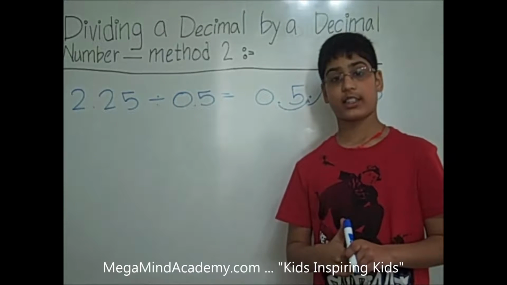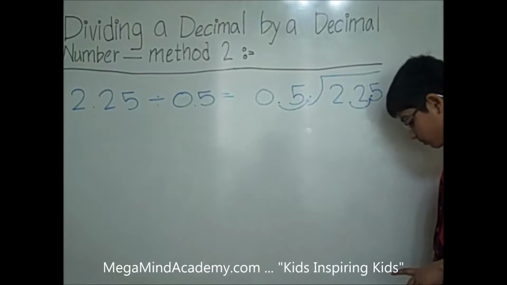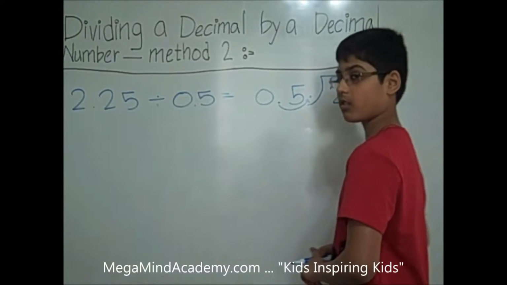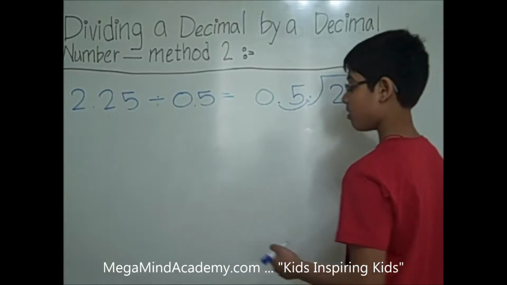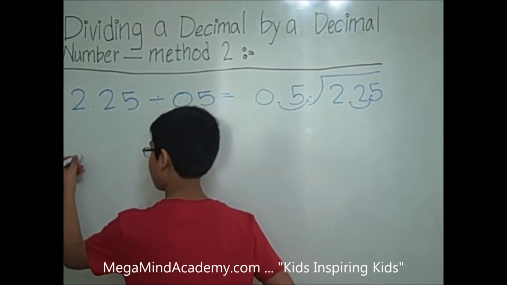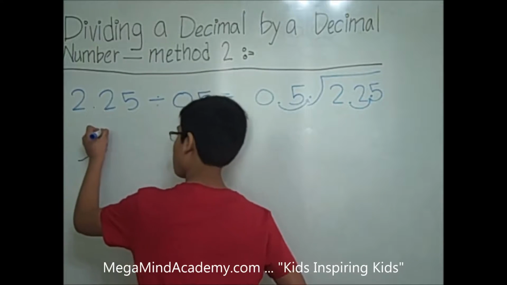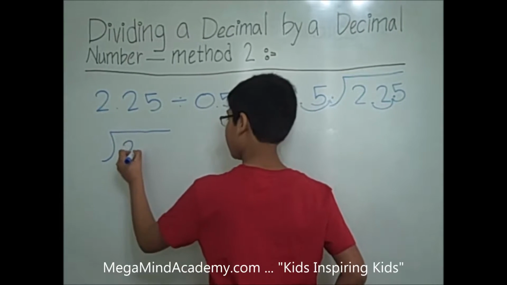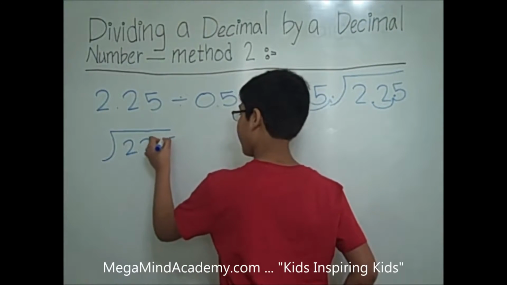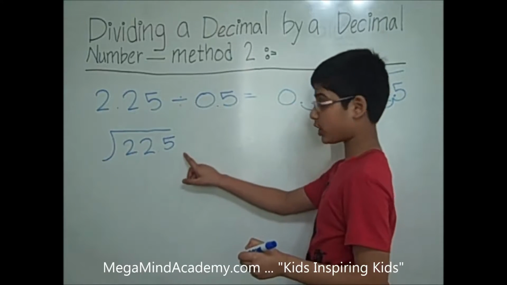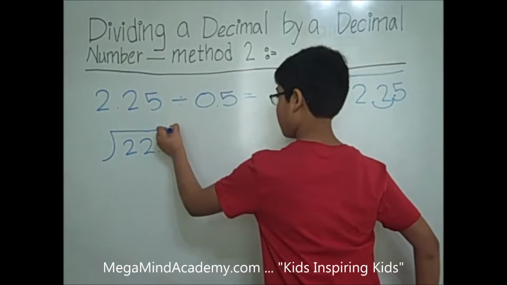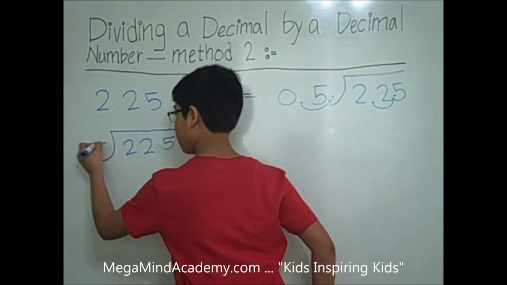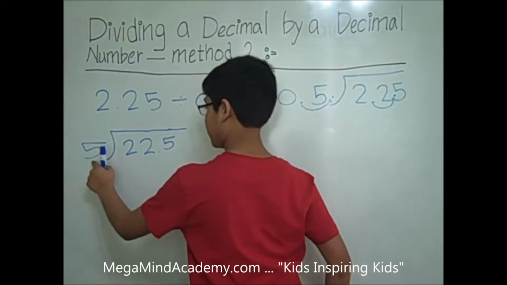Let me rewrite this. We have 22.5 inside the division sign and 5 outside the division sign.